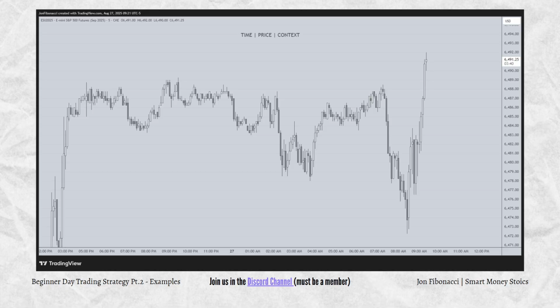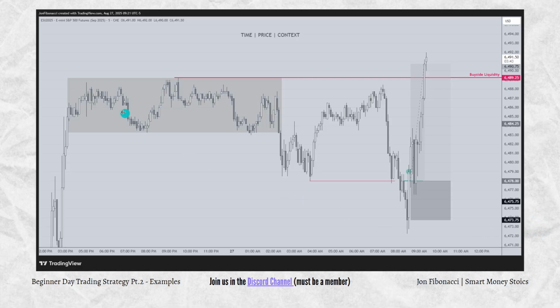And are we going to be able to frame a 1 to 3 RR based on that idea? You have a really extended consolidation here, right? Which we do trade out of it. We trade back into this consolidation, back into this range.